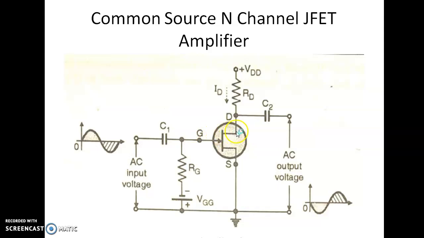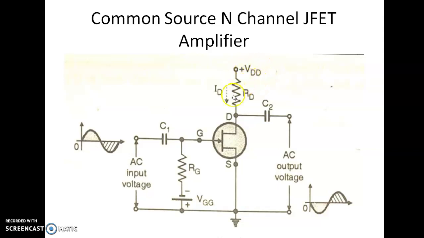The biasing is VDD, and VGG is applied to the gate terminal. The negative terminal of the battery is connected to the gate of the N channel JFET, the positive is grounded, and plus VDD is given here.